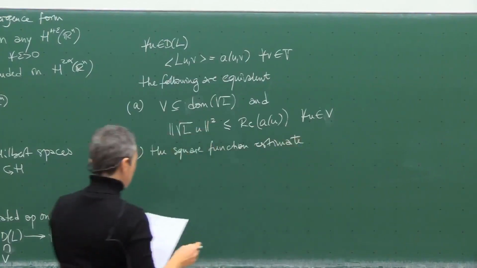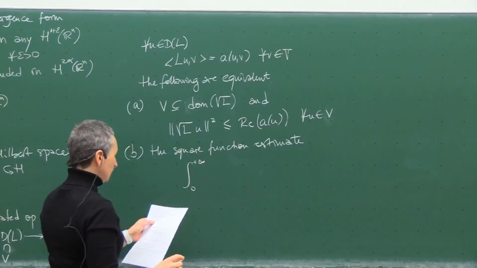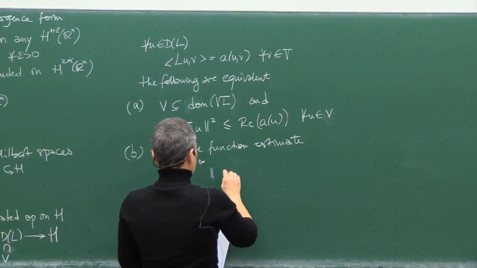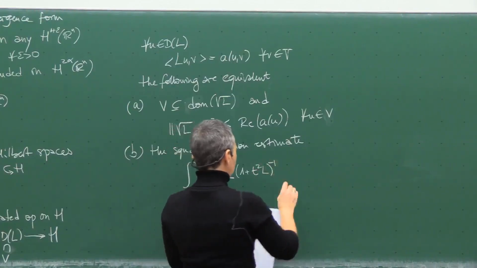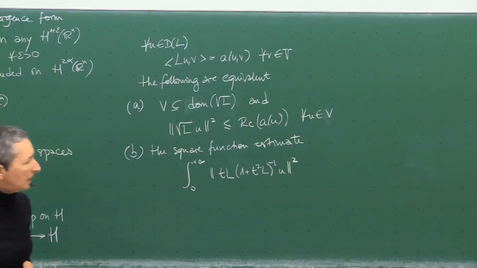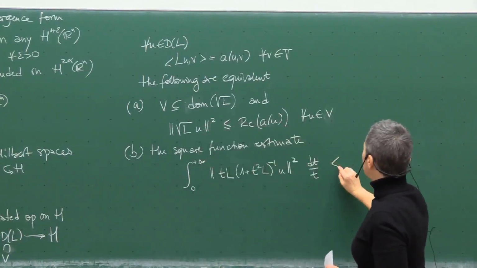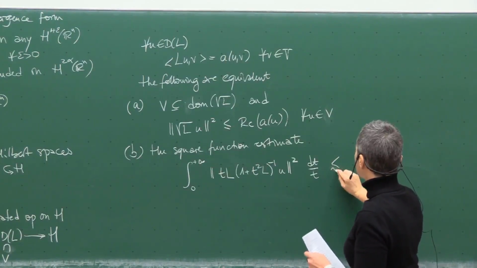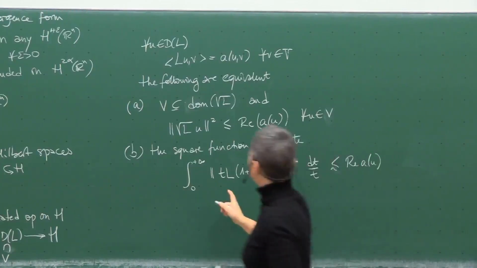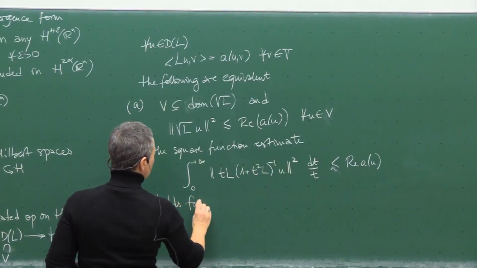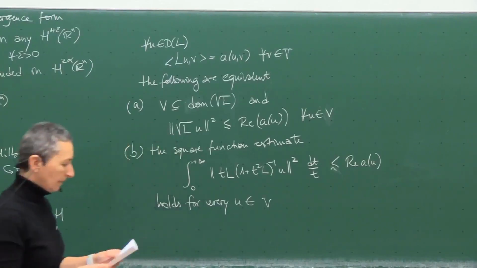This following square function estimate holds for all u in V. The integral from 0 to infinity of the norm of tL(1 + t^2 L)^(-1) applied to u, squared, dt over t, is less than or equal, up to a constant, to the real part of A(u, u), and this holds for every u in V. Okay.